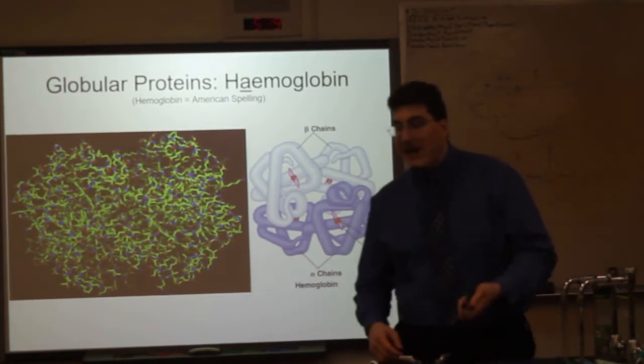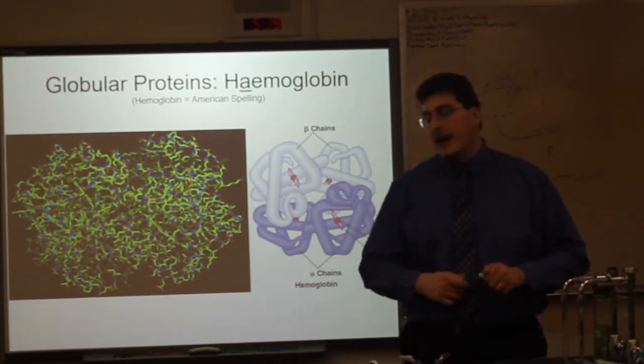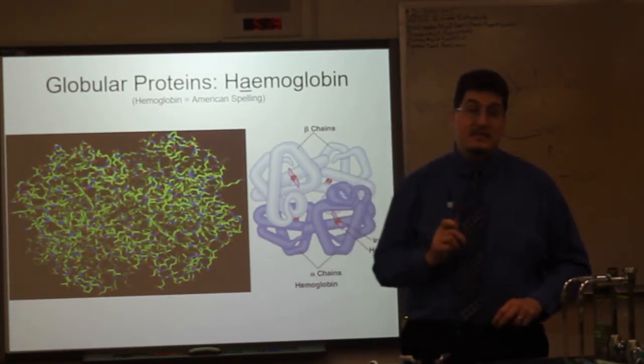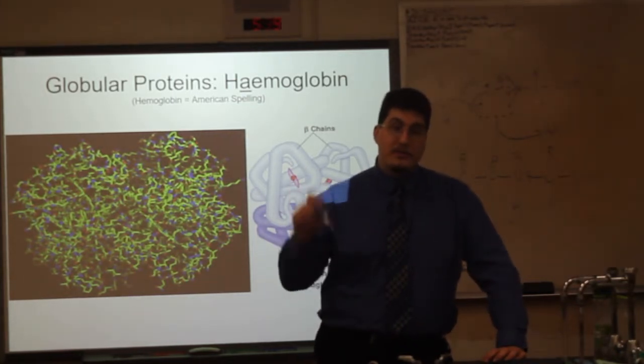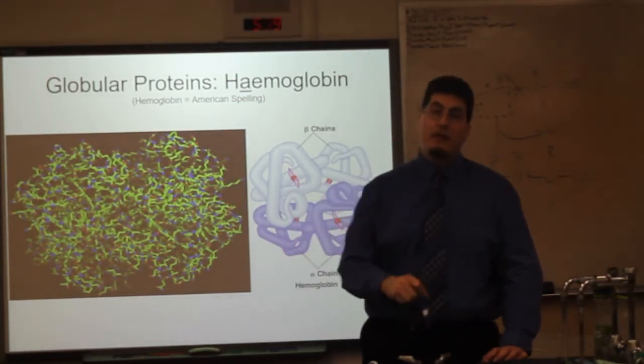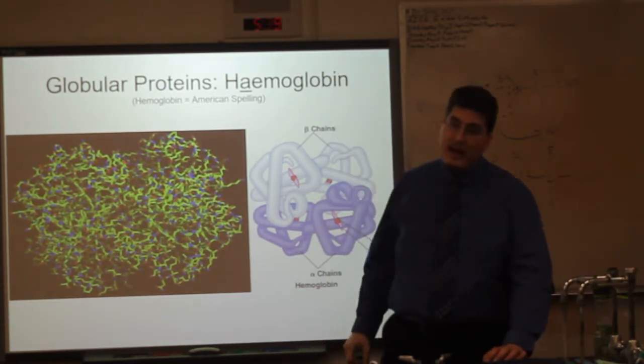I'm going to take an aside here. There's already a video on the channel about spelling. Be consistent in your spelling. Always spell the word the same way every time. If you're going to spell it hemoglobin, spell it that way every single time.